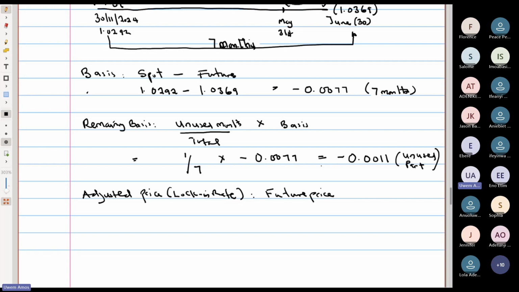But because we're not doing our transaction on that exact same date of June 30th, but we're doing a transaction on May 31st, we need to adjust it for the unused part.